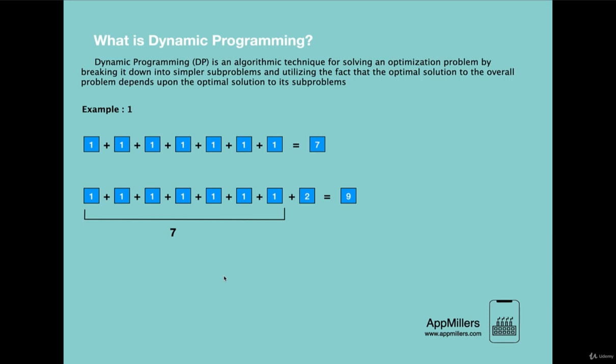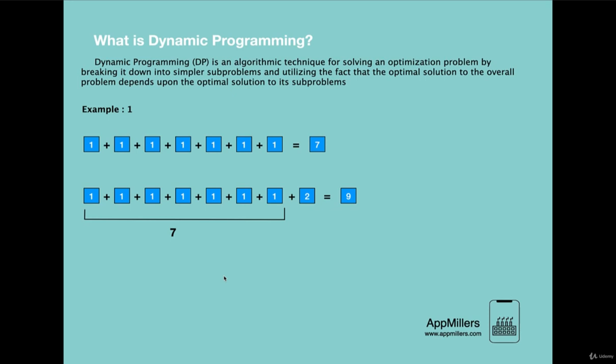So the logic here is, when we break the main problem into subproblems, we see that the same smaller problem is coming again and again. So instead of solving it again and again, we solve it once and store the answer for the next turn. So the next time when we encounter the problem, we simply use the previous solution.